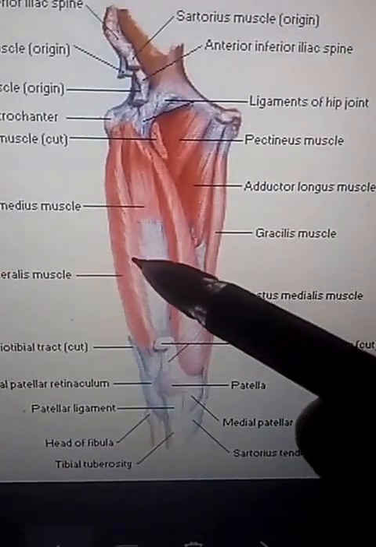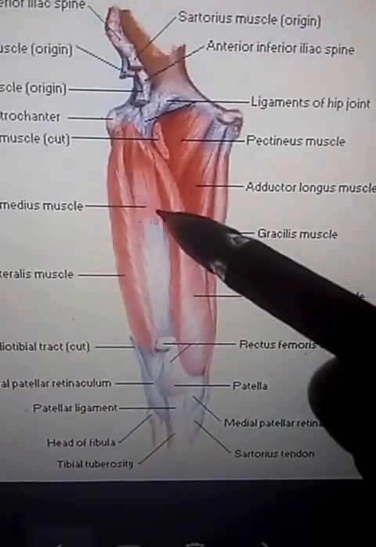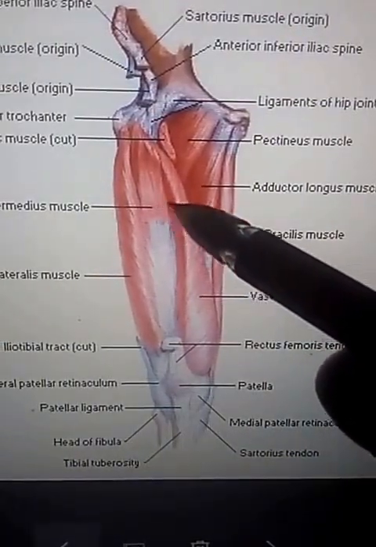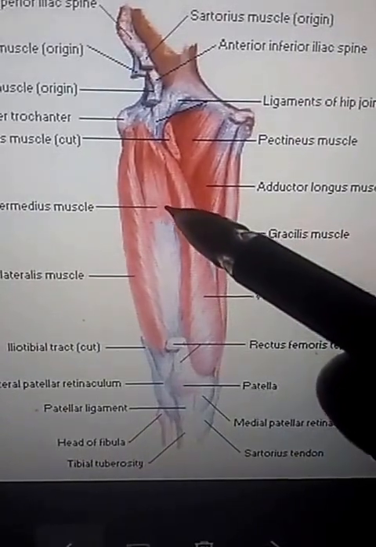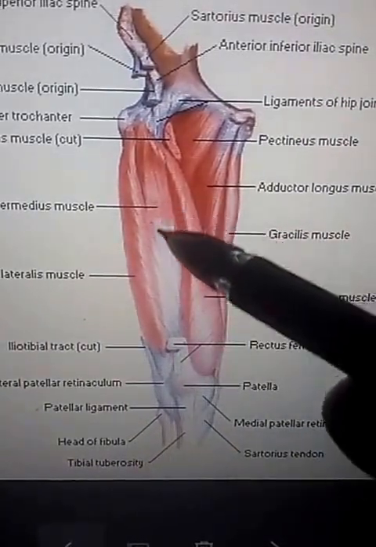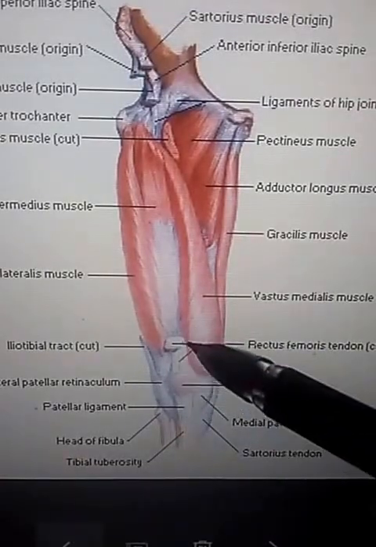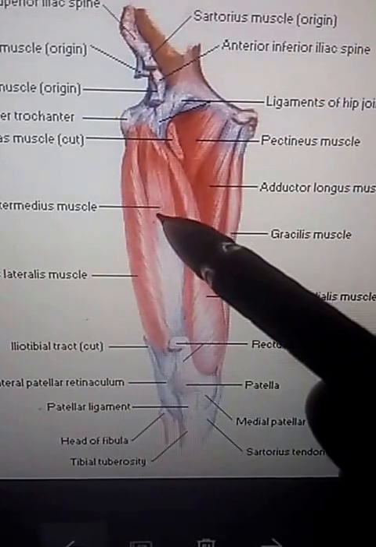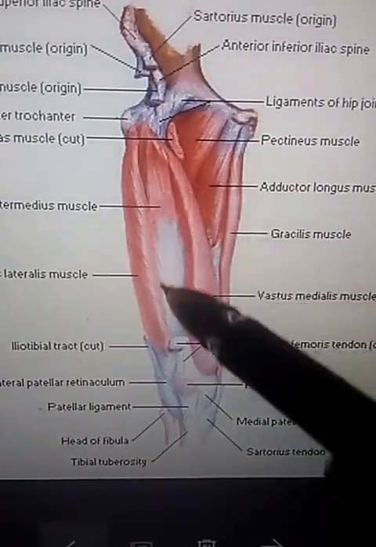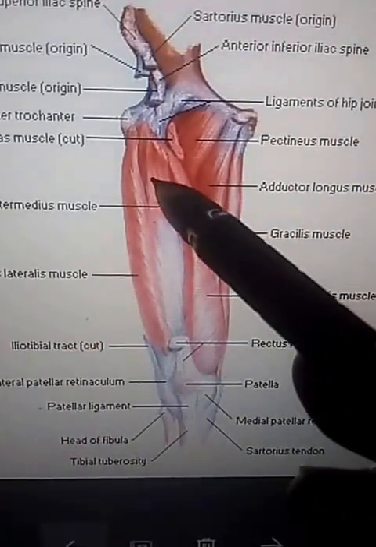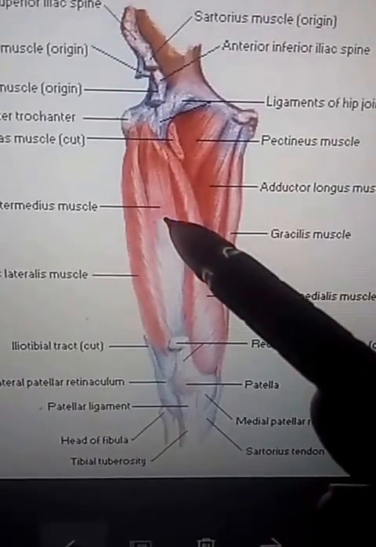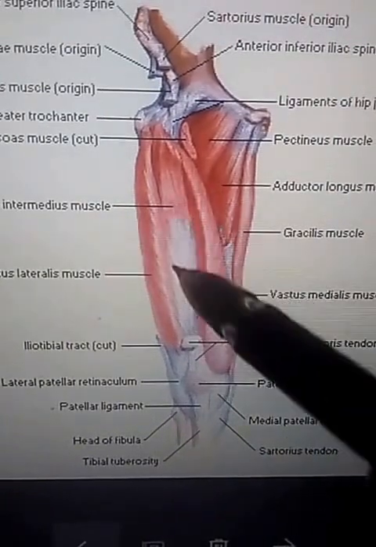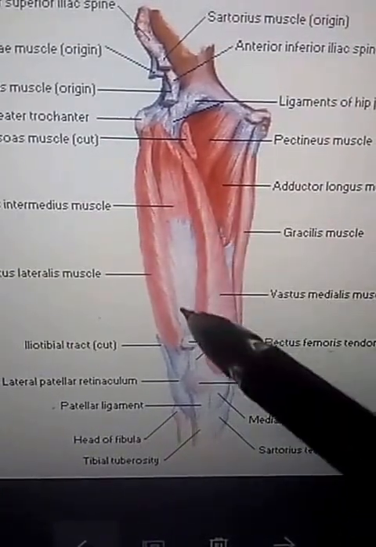Vastus medialis and vastus intermedius are usually intermingled, so vastus intermedius is sometimes not seen. It is seen only after cutting the rectus femoris, as it is deep. That's why the rectus femoris has been cut. This is a clue: whenever this kind of picture is given and rectus femoris is cut, then it will be vastus intermedius, but if it is not cut, then rectus femoris will be here.